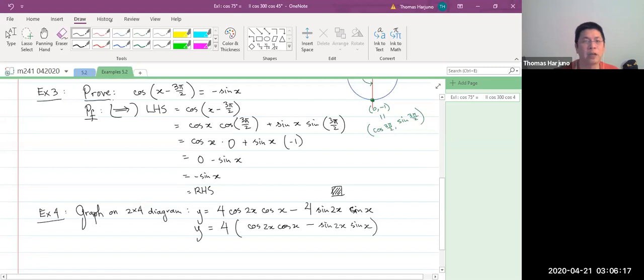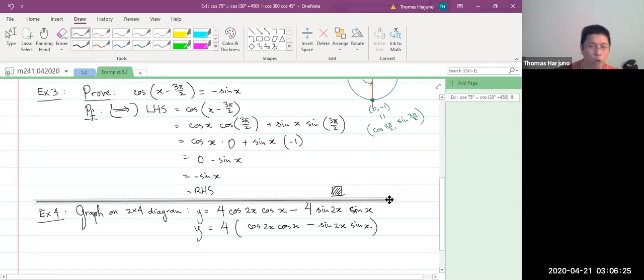Now, of course, if I suddenly show you that question, you will be yelling at me because, Thomas, you only taught us how to graph sine or cosine, but you never taught us how to combine sine and cosine together like this ugly function, right?